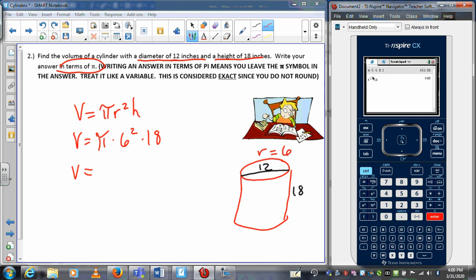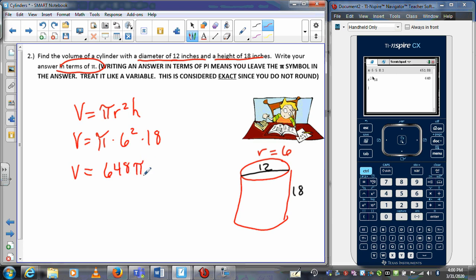And I believe that's 648. So I'm going to write 648 pi. Now this would be inches cubed. And that's what I do. I just leave the pi symbol on there. If I wanted a rounded answer, I would take 648 and multiply it by pi on my calculator. Shall we look at another one?